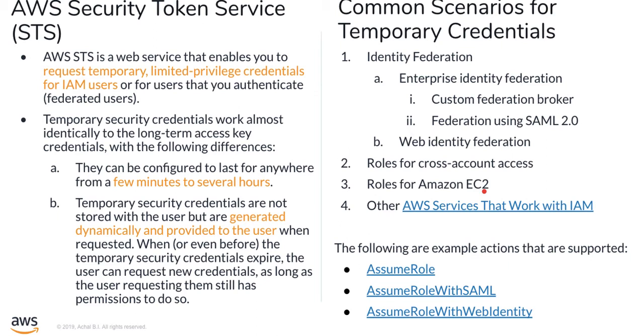And you have roles for EC2 services, which we discussed earlier. We added roles to EC2 instances where they could access S3 buckets to list the objects or list the buckets itself. What happens is it would communicate with STS and get the temporary credentials and then make the request to these S3 buckets to get the resource information.